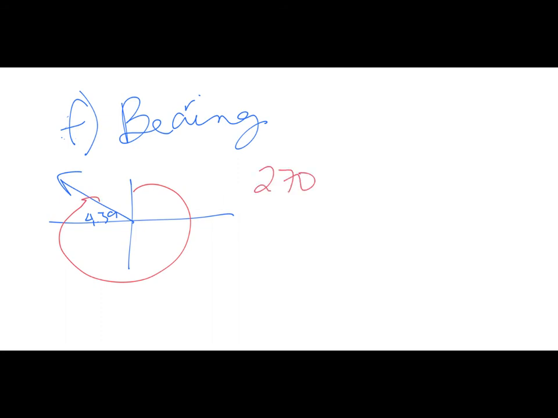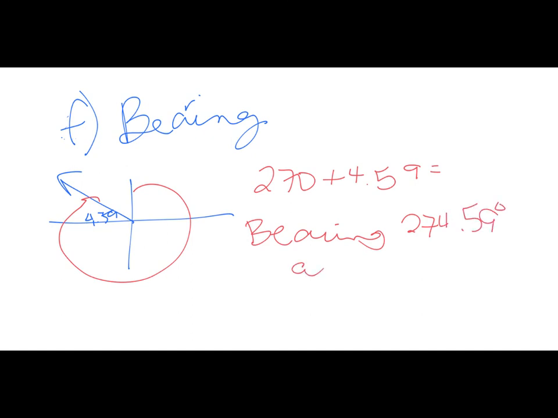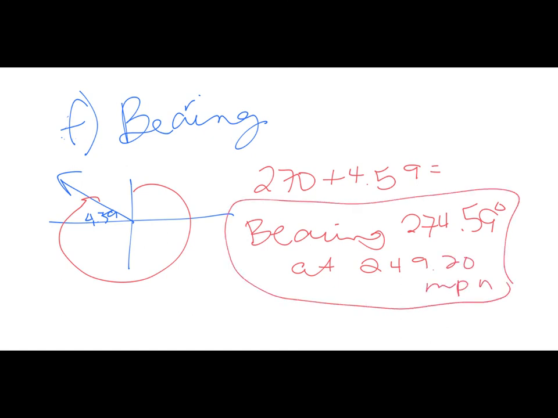So 270 plus 4.59 is going to give me, the plane is actually going at a bearing of 274.59 degrees at 249.20 miles per hour. That's the direction that you have to head to that. So in order to get there, that's the speed that you have to do that at.